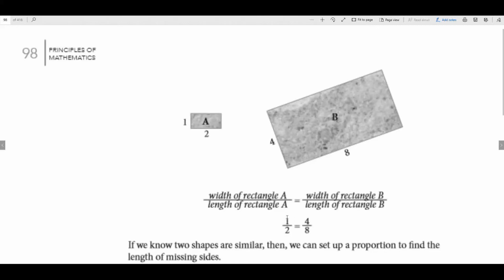So the width of rectangle A is here, just as the width of rectangle B is here. So this side and this side are what we call corresponding. They correspond just like this side and this side are also corresponding.